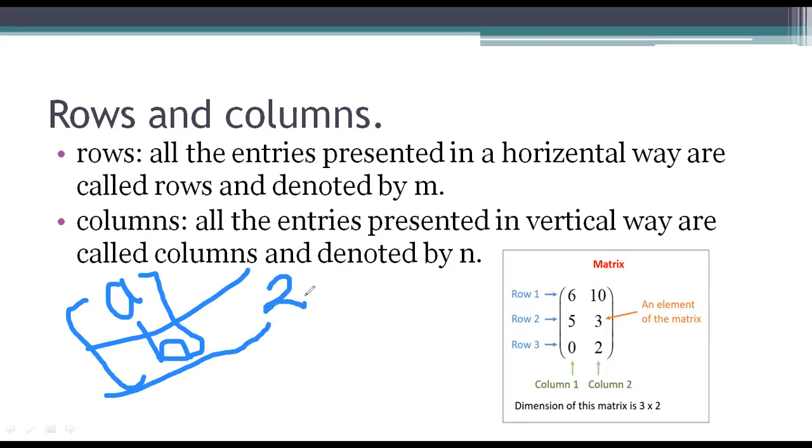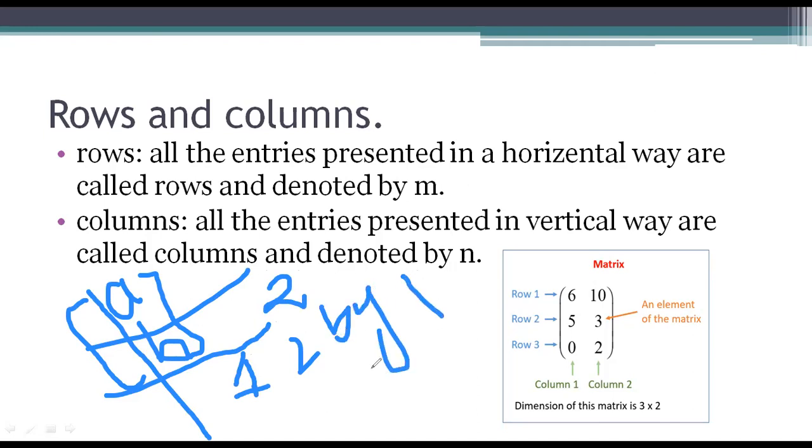That's why it has two rows. But vertically we arranged one column. That's why it is one column. So it is rows by columns, a 2 by 1 matrix. Rows and columns are very clear and easy to understand with the help of examples, and it is easier than a definition.